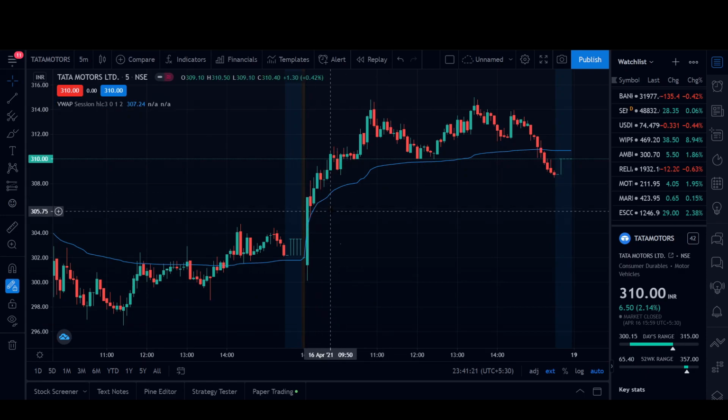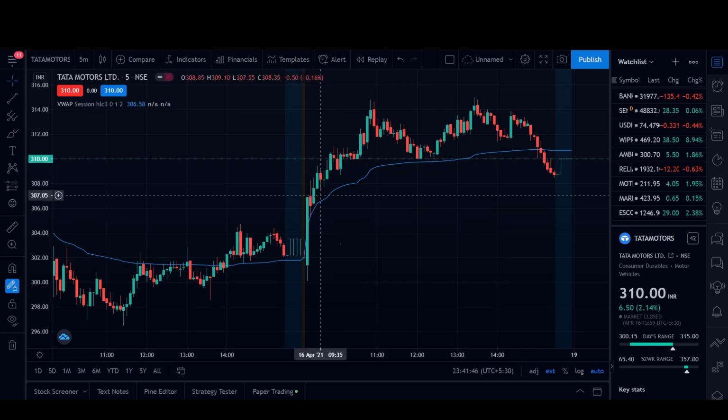I'll be telling you at a high level what the VWAP does. It provides support and resistance to stocks, very strong and very trusted support and resistance. And it provides the various breakout zones where you're supposed to take an entry point. This is called the breakout trading strategy.